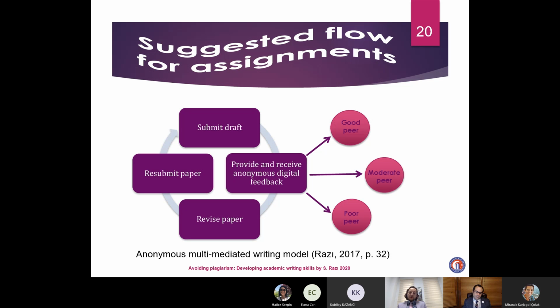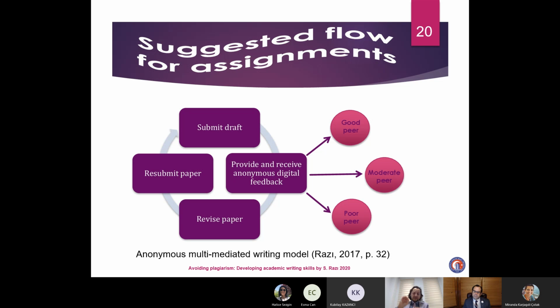When it comes to peer matches, I do not match two students with each other. Instead, I work with one student. Okay, this is a paper coming from a student. Now I am going to match this paper with three students, one student coming from each group.